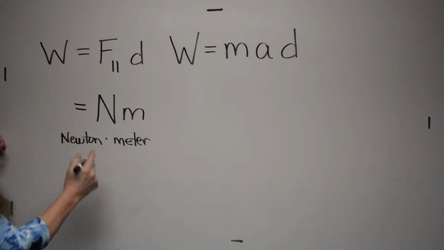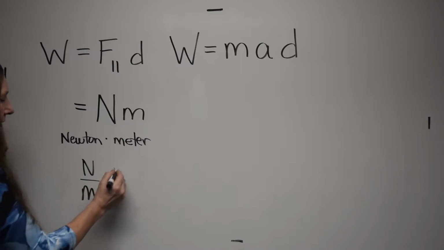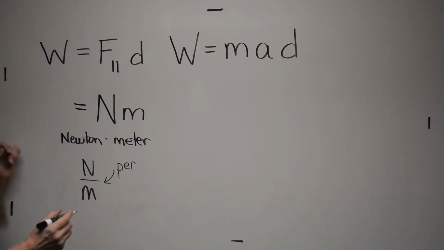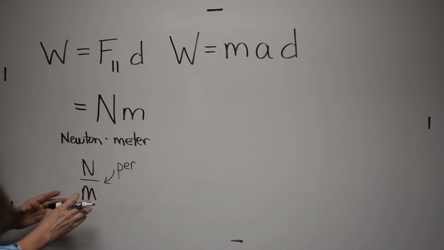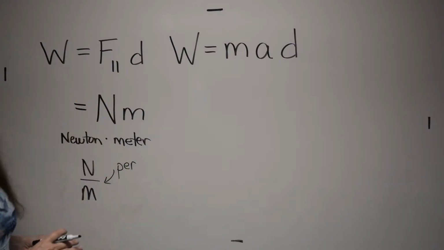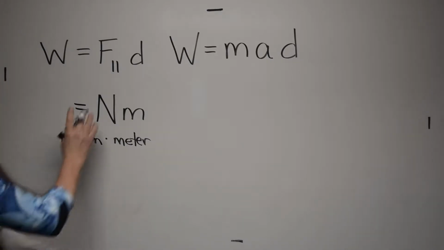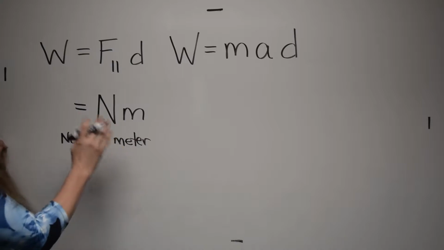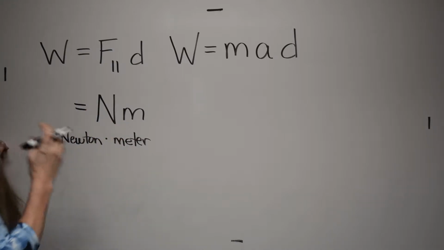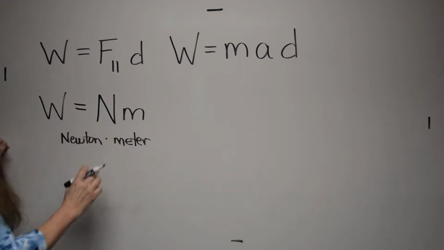Now please note that it is not Newton per meter. Remember, if you see a division sign, you say the word per. This is not Newton per meter. Don't draw them on top of each other. They have to be next to each other because they're being multiplied. So again, 1 unit for work is the Newton meter.